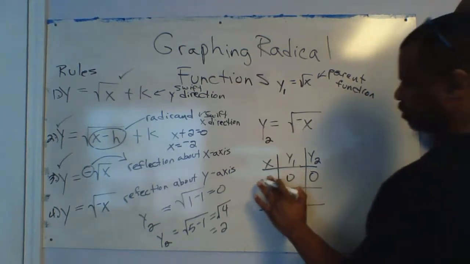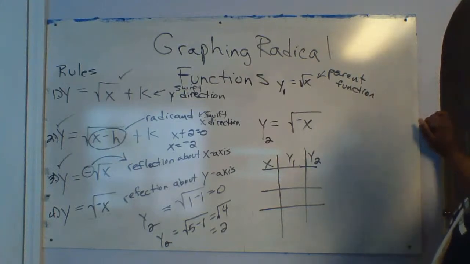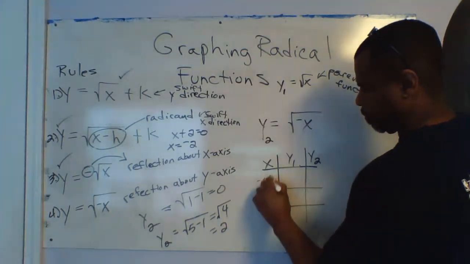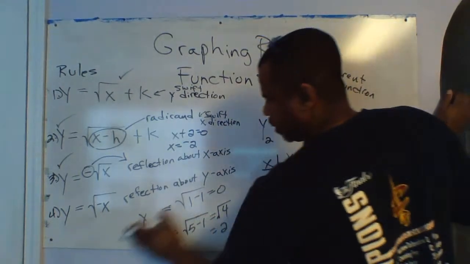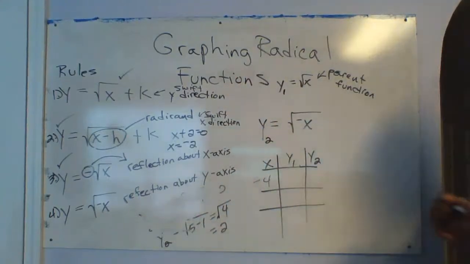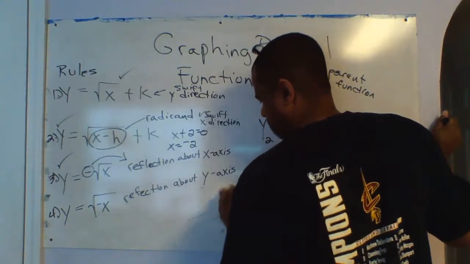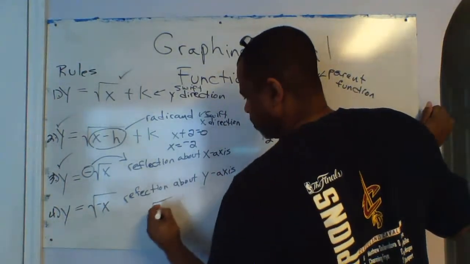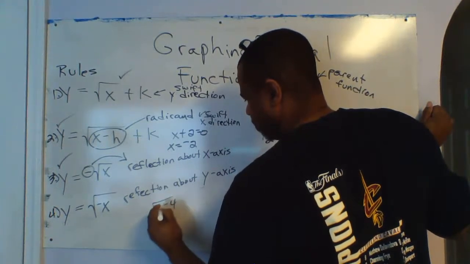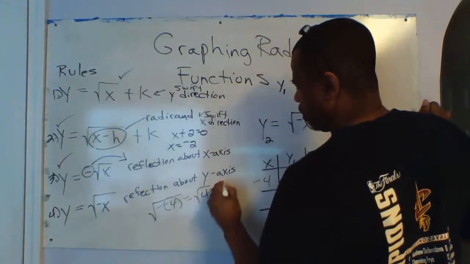So we're going to erase this and use negative 4, because we have the square root of negative 4, which gives us the square root of 4, and we know that's 2.